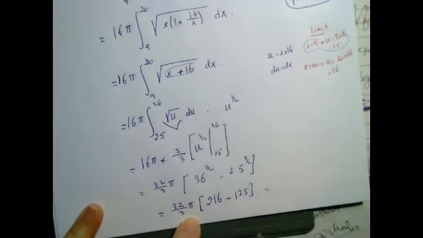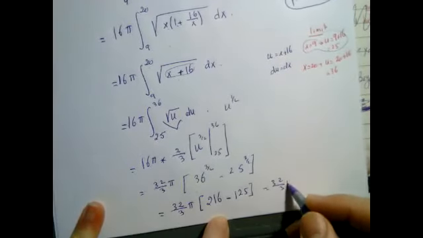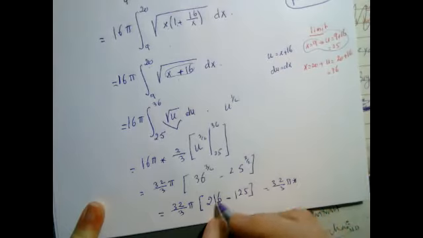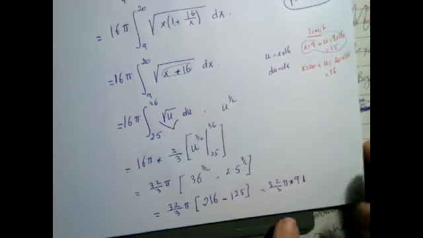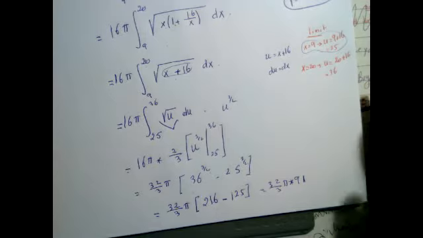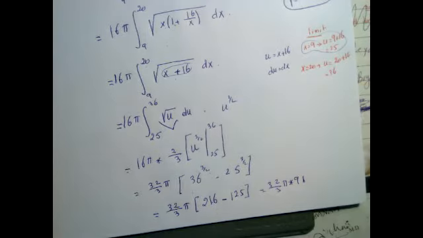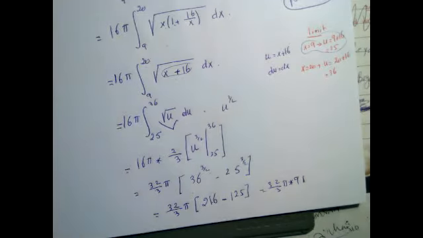So I will have 32 over 3 pi times, let's say 1, and 21 take away 12, that's a 91. And then you guys know how to finish, okay? So the difficulty here was recognizing that the substitution is gonna fail in this particular problem.